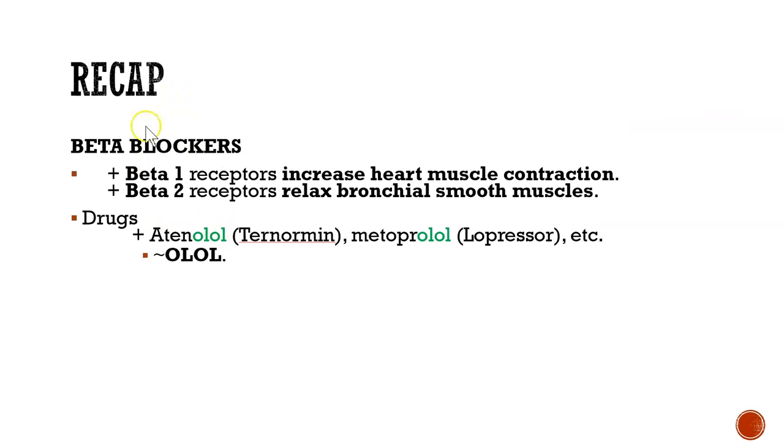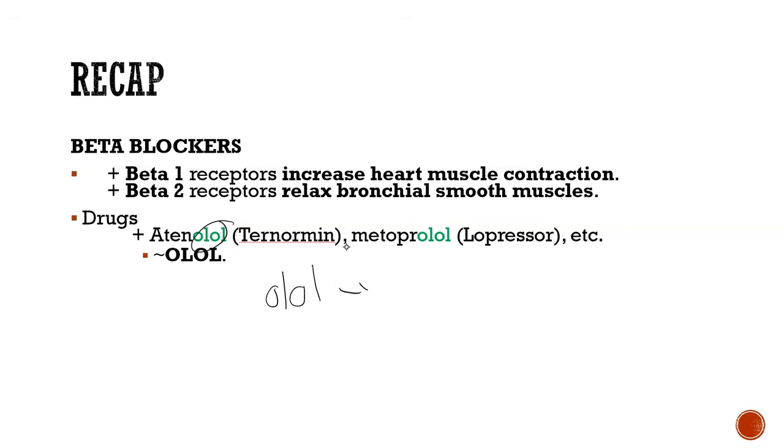Beta blockers. This is the one that I have learned from StudentRDH. StudentRDH has great memory tricks. When you look at the ending of all the beta blockers, so beta blockers are good because they allow the heart muscles to contract nicely and they relax your lungs. So when you look at this word olol, I'm going to write it out here.